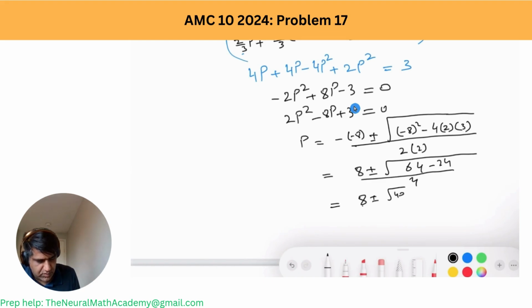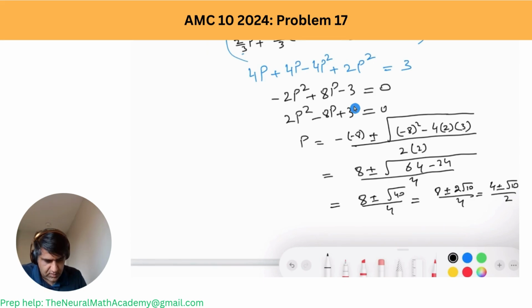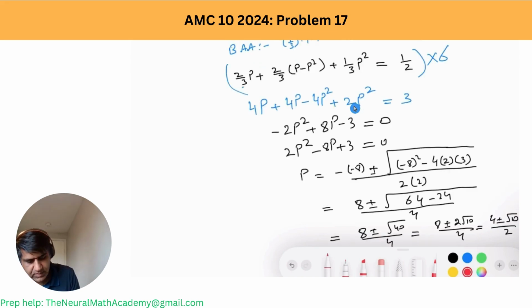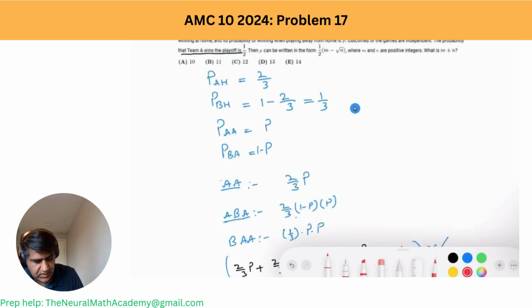I would get 40 over 4, that is equal to 8 plus minus 2 10 over 4. Or I can further simplify and I would get plus minus 10 over 2, right? And from here I can relate it with the given expression. For the given expression we were given the negative sign here, right?